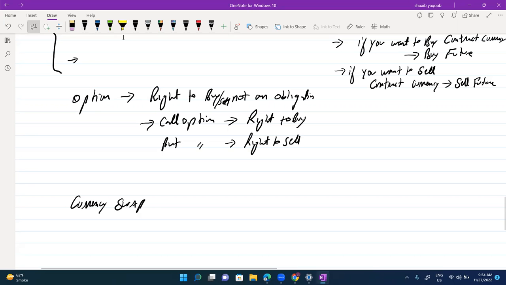Any question? अच्छा जी, कोई क्वेश्चन नहीं? ओके, that's great.